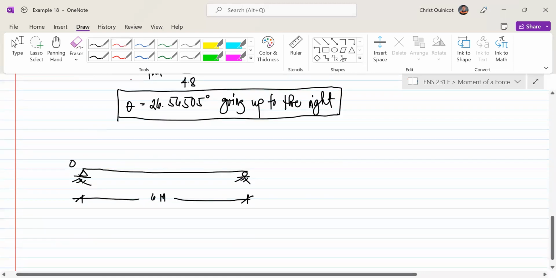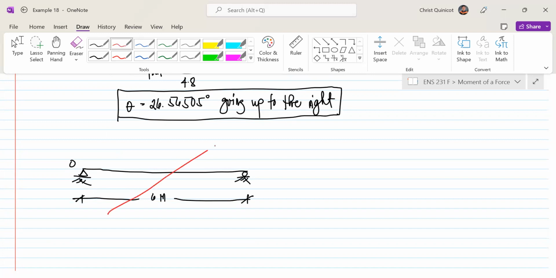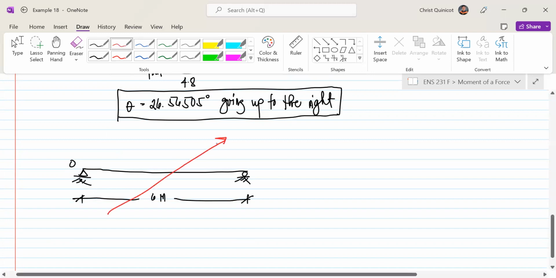Let us assume this is our F sub R following an angle of theta.